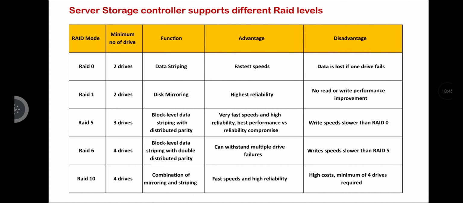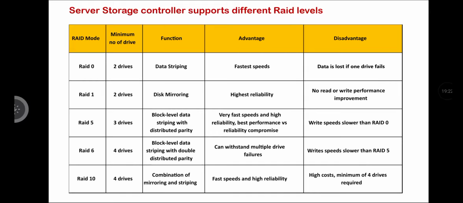Now let's have a brief look at the RAID levels supported by server storage controllers. RAID 0: minimum 2 drives, function is data striping, advantage is faster speed, disadvantage is data is lost if one drive fails. RAID 1: 2 drives, disk mirroring, highest reliability, no read or write performance improvement.